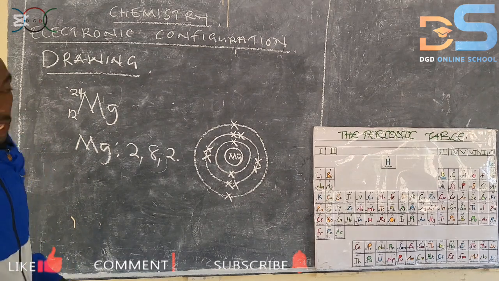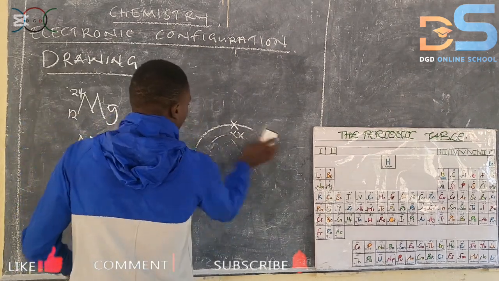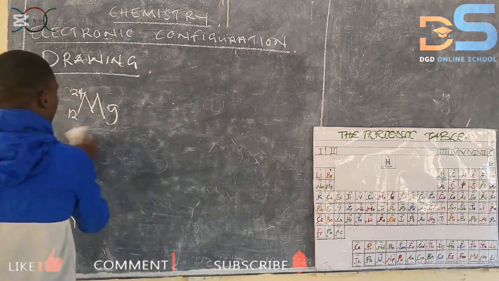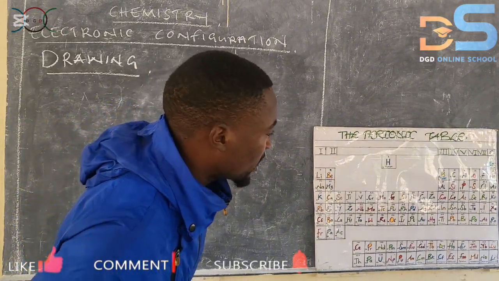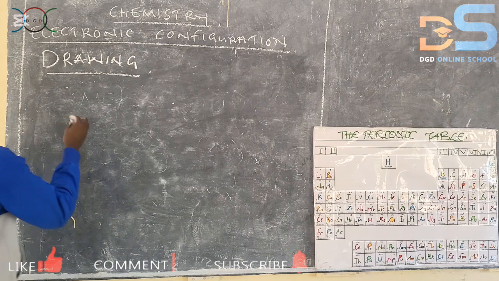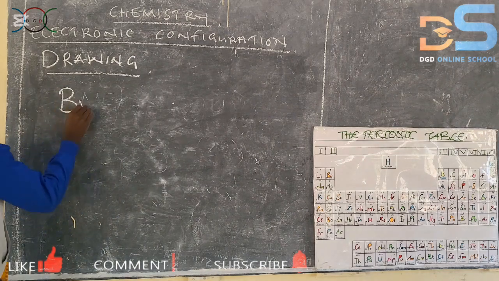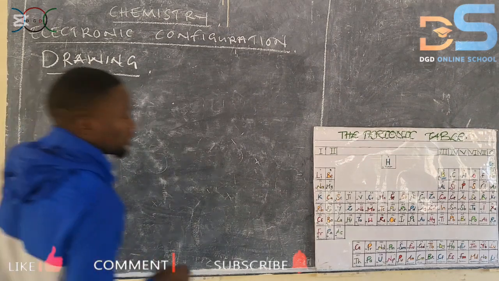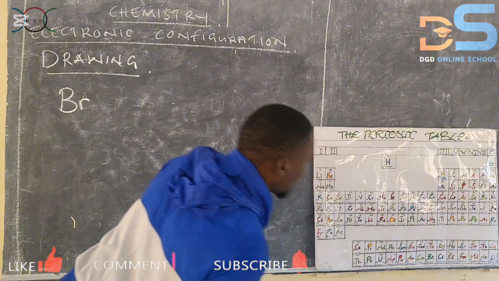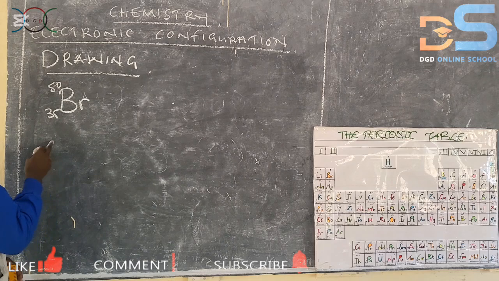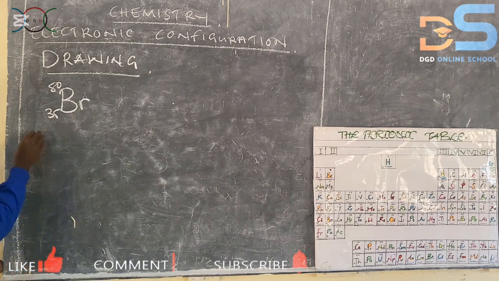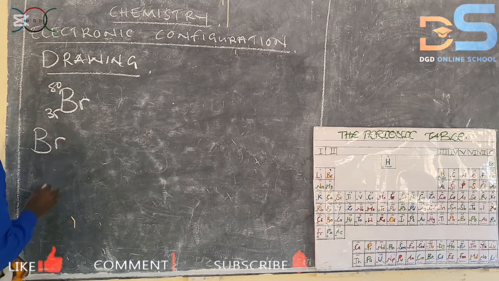If we pick another one, for example a non-metal, let's say bromine. Bromine has a mass number of 80 and 35 protons. To write the electron configuration for this one, we start with the symbol.